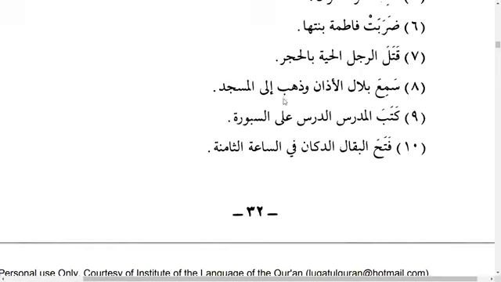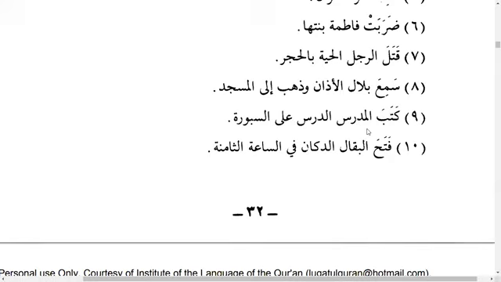So what you need to remember here is that dhahaba, he went, is the verb with its subject, and there is no need for an object. It will never be maf'ul bihi. This is an indirect object. If you want to say object, you will say indirect object, but maf'ul bihi means direct object.